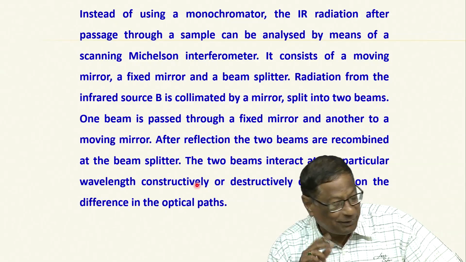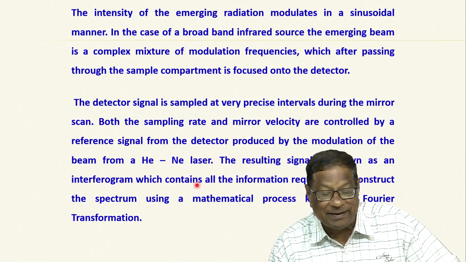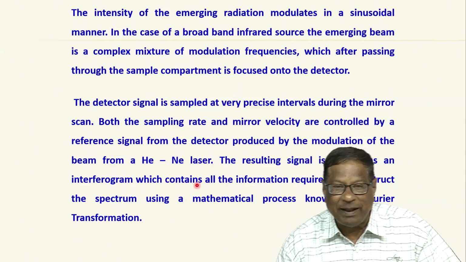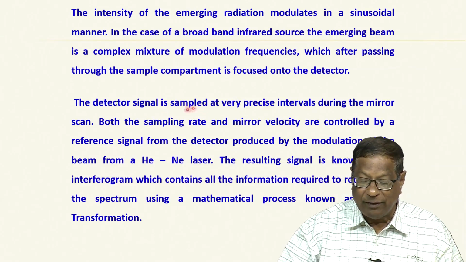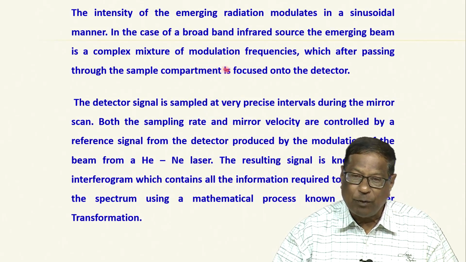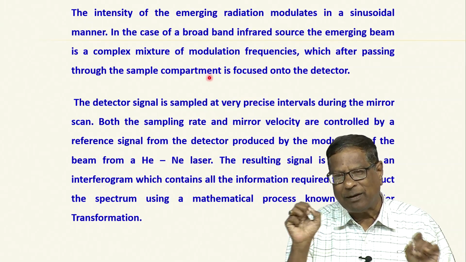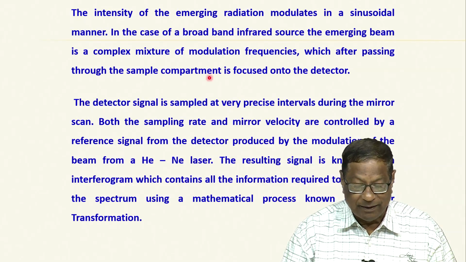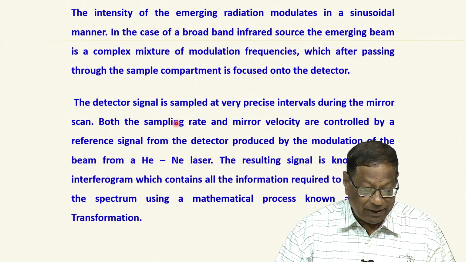So, the intensity of the emerging radiation modulates in a sinusoidal manner, that is in a repetitive manner. In the case of a broadband infrared source, the emerging beam is a complex mixture of modulation frequencies, all differing slightly because of the moving mirror. Everything is focused onto the IR. So, this passes through the sample compartment and then on to the detector.